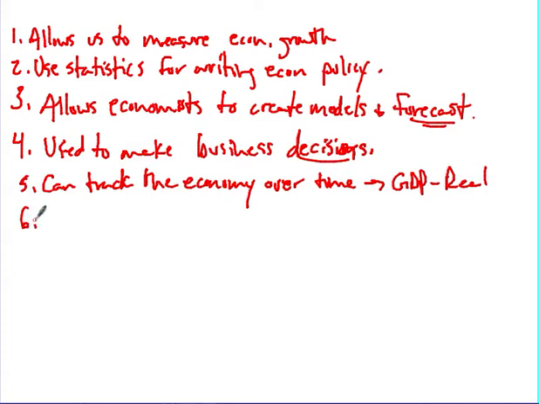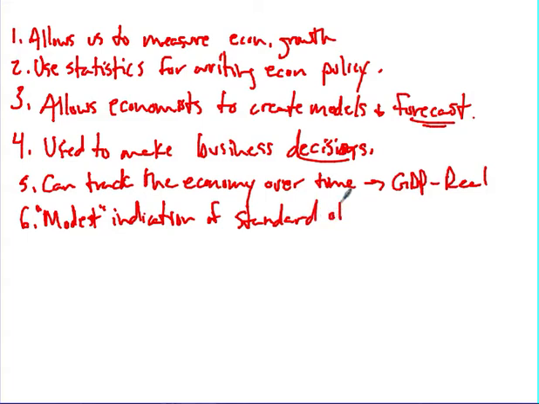Two more. The sixth thing is that it gives us some indication, not a lot, but some, let's just say modest indication of a country's standard of living. And I say modest because we don't know what the income distribution's like.